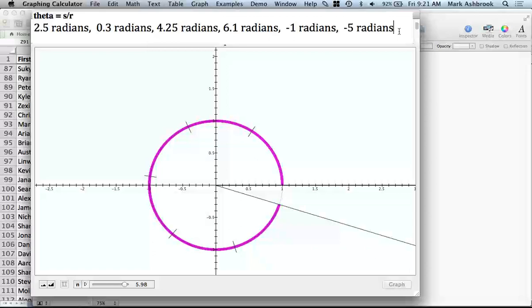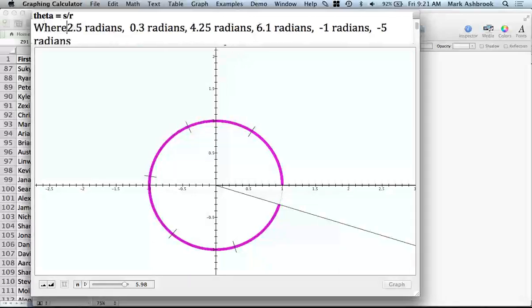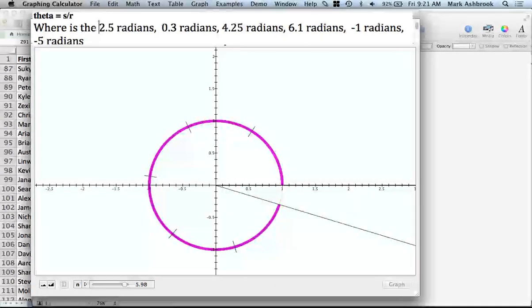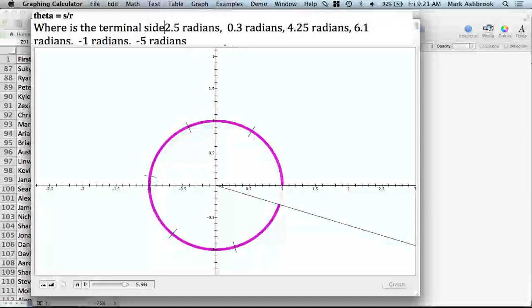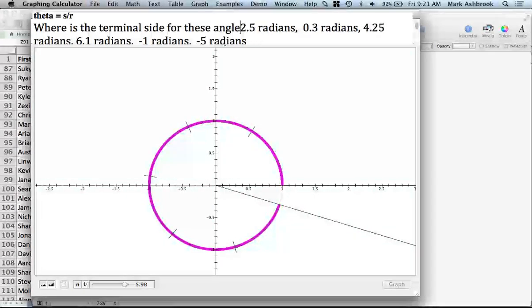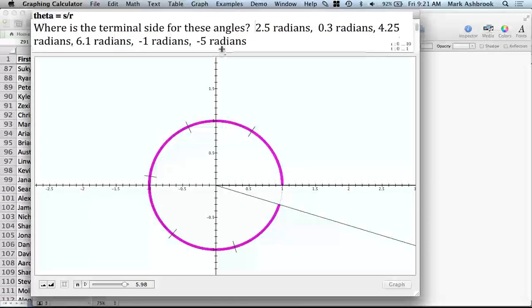Or find the point on the circle that would correspond to where the terminal side ends up. How about that? So is that more clear?